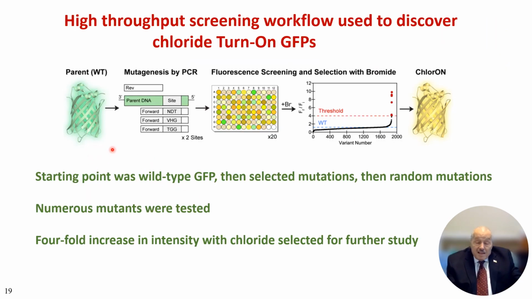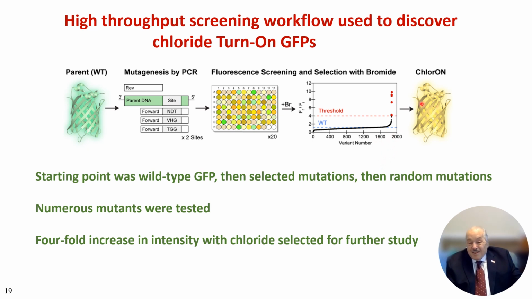So basically, they started with a parent GFP. For some reason, they made a few modifications before they went on to making random genetic modifications. So then they ended up with hundreds, if not more, versions of this parent GFP, and they looked for ones that showed the best response to chloride.